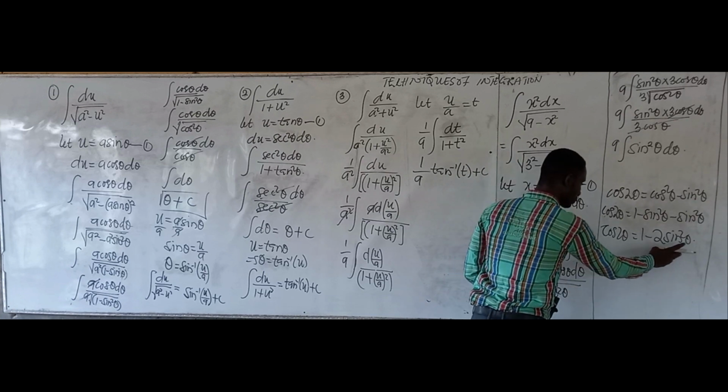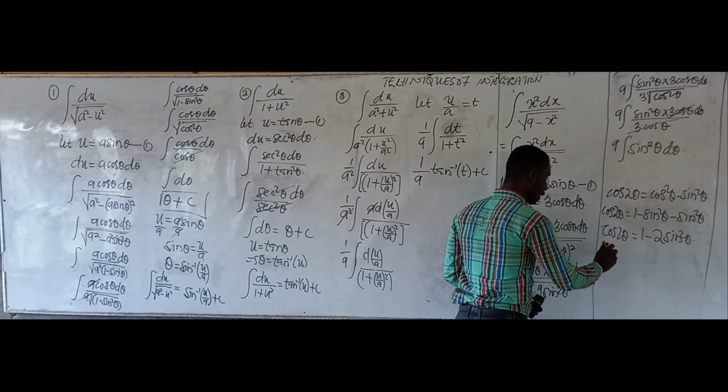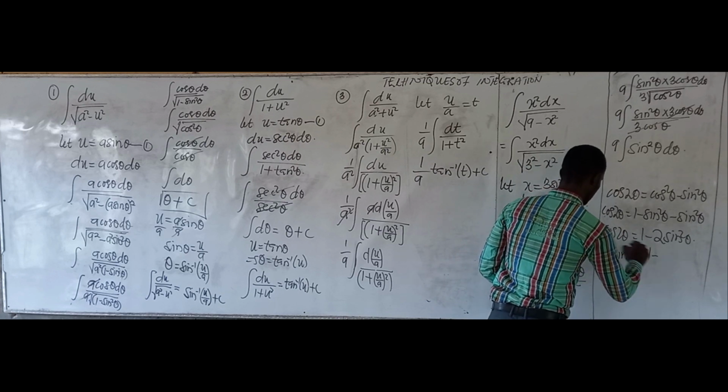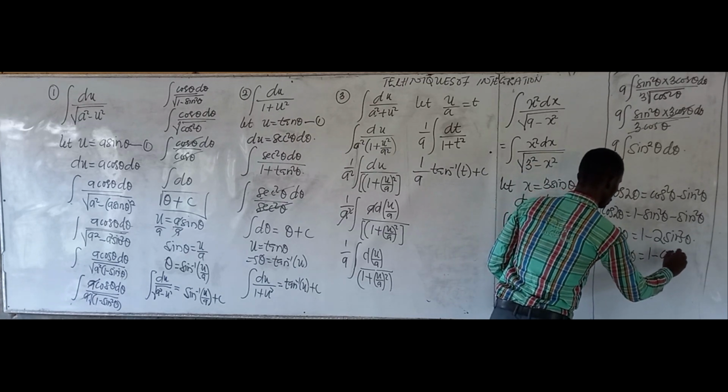So if you want sine square theta, this one is negative, so 2 sine square theta is equal to 1 minus cos 2 theta.